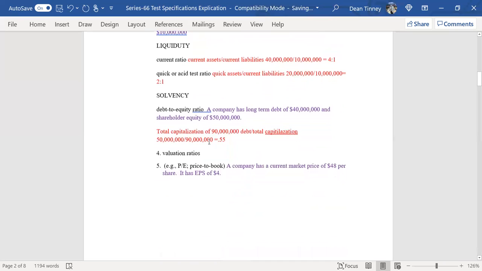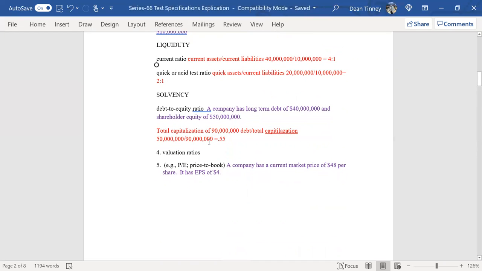All right, valuation ratios. I can't imagine any draw in which you're not going to get asked to do price to earnings, or understand it as something to make comparisons amongst companies. And so I gave you an example here of a company that has a price of 48. By the way, the vast majority of the test is division. So if you can't decide what to do, hit the divide key.